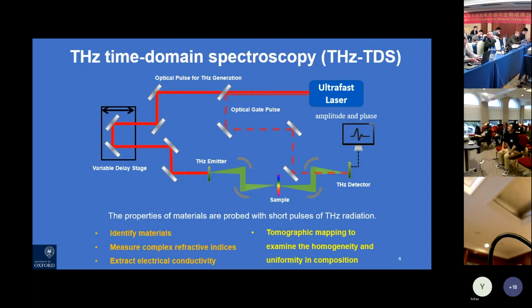And by comparing the transmitted terahertz signals with and without the presence of the sample, we can extract many important properties of the sample, for example, its complex refractive index, or furthermore, with some modeling, its electrical conductivity. And if you put this sample on a 2D translation stage, you can do 2D mapping of the sample to examine the homogeneity and uniformity of the sample in composition.